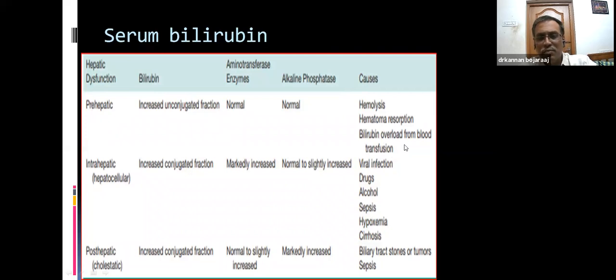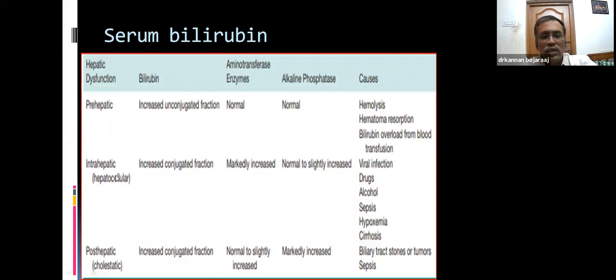Most of the time in the ICUs, if you give one whole blood volume, about 20 pints, in 2 to 3 days the patient will develop jaundice. That is due to bilirubin overload, and it is prehepatic. That is not a problem with the liver. The liver cannot hold the load of bilirubin released from the reticuloendothelial system.